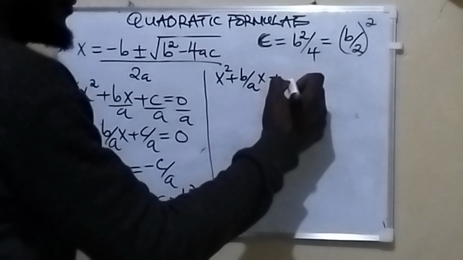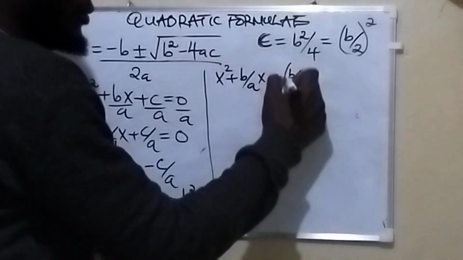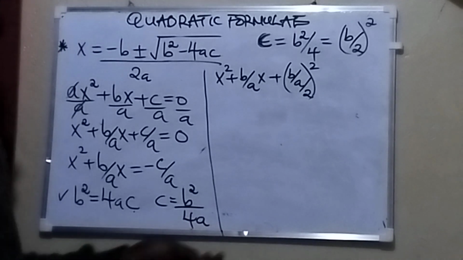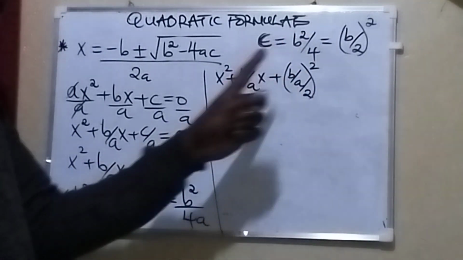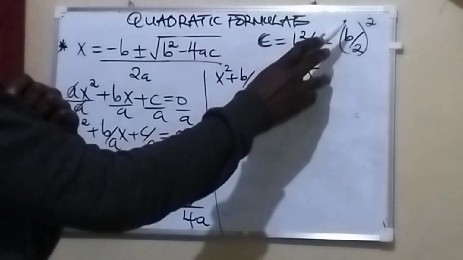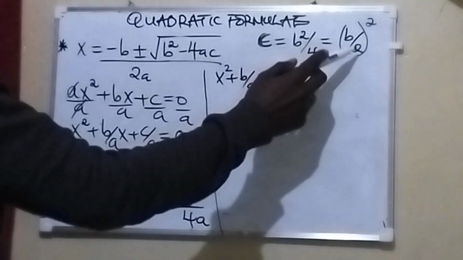So we replace b with b over a in brackets, then over 2, squared.